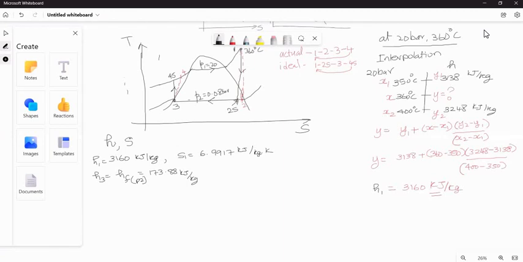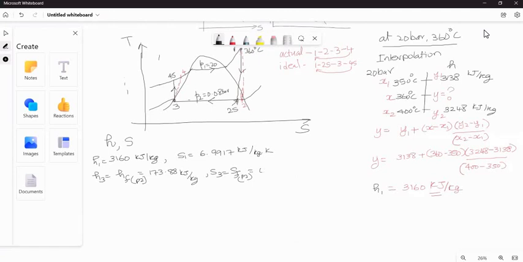And then S3 also, you can see S3 is SF, that is fluid state at P2. Liquid state, fluid means liquid state.